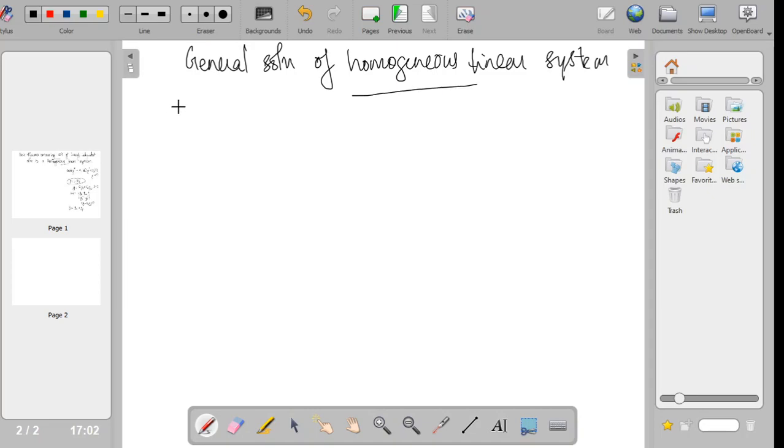So we will have two theorems. First we have a theorem.